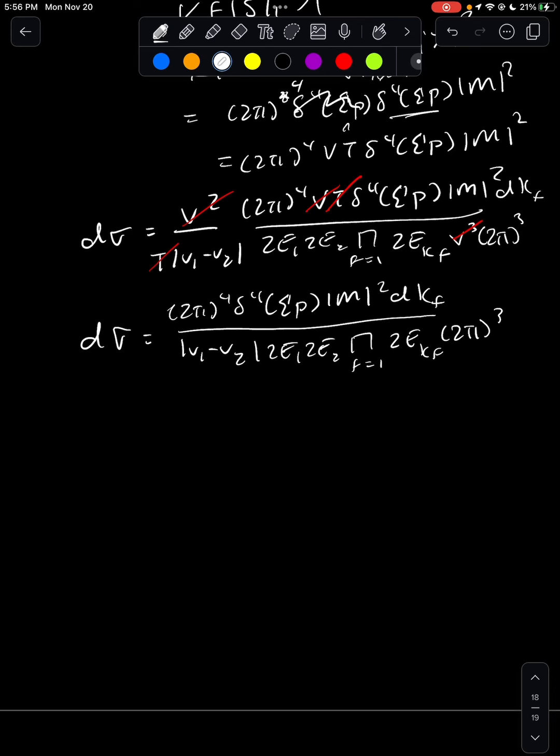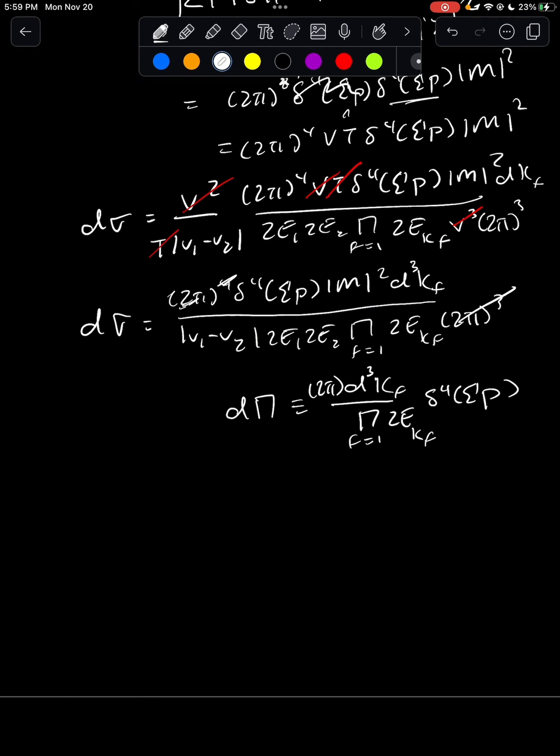And now, since this term is really, really ugly, we can define some variable d pi, and we call this over here the Lorentz invariant phase space. And it is actually Lorentz invariant.